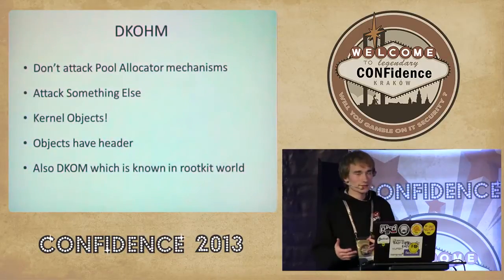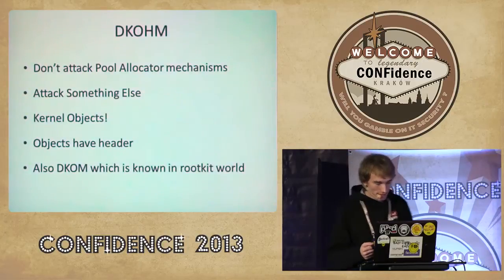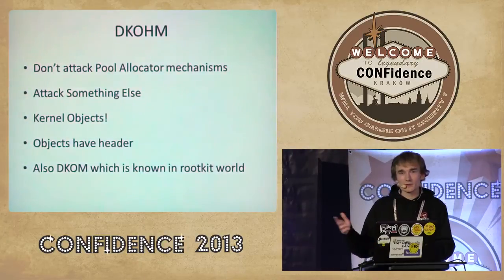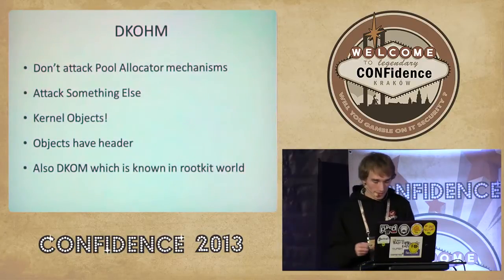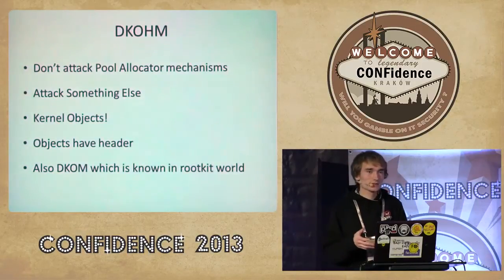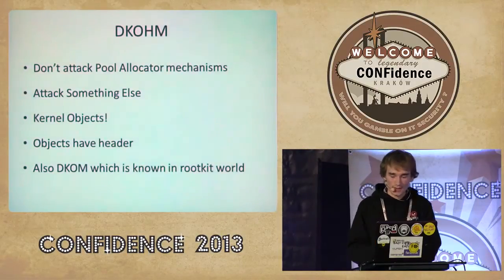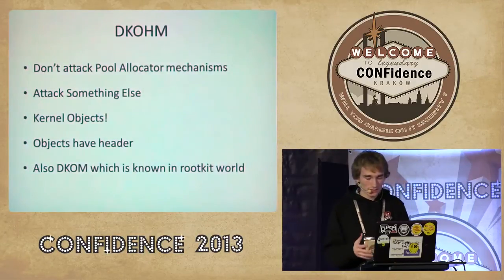The object header defines the object. Basically, direct kernel object manipulation is well known in the rootkit world, and I was curious why it's not used in the exploitation world. And I thought, I have to see what's there.